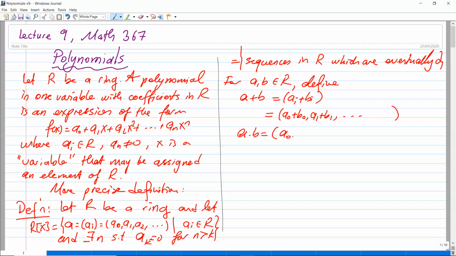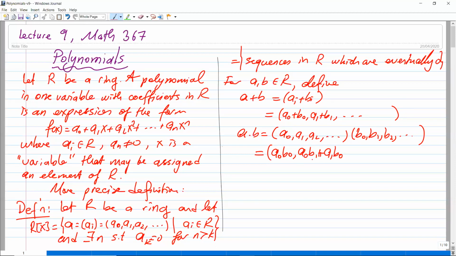Namely, let's take A as a0, a1, a2, and B as b0, b1, b2. We define it like that. The first term is a0 times b0. The second term is a0 times b1 plus a1 times b0.